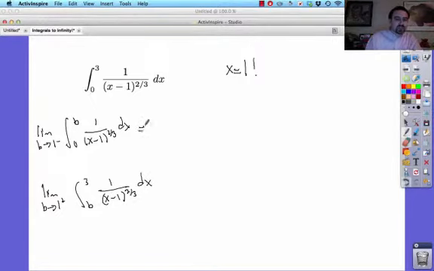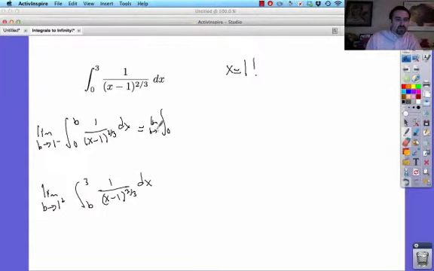Okay, so we just need to find an antiderivative of this. We could use a u substitution, but we don't really need to actually. So this is x minus 1 to the 2/3, so we're going to get 5/3 now. Okay, pardon me, let me rewrite it or I'm not going to be able to think about it.